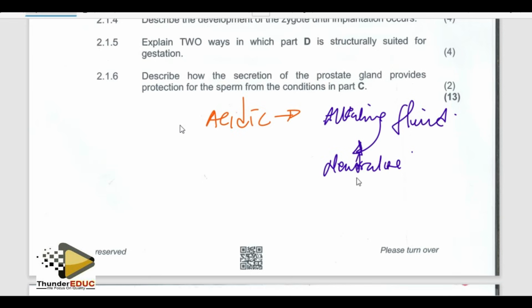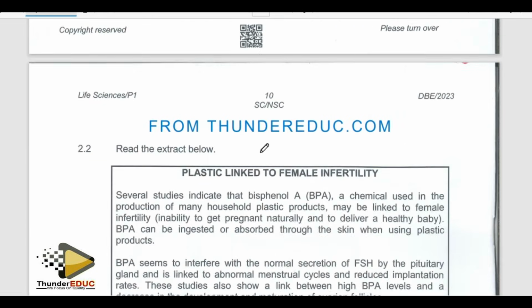Don't forget that sperms are protein in nature. So it tries to neutralize it so that the sperms are not killed by this acidic condition of the vagina. It is good for the vagina to be acidic, but it's not too good if it is too acidic. Don't forget that anything which is too much is always bad.